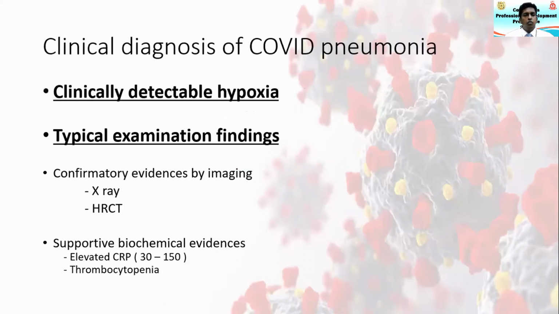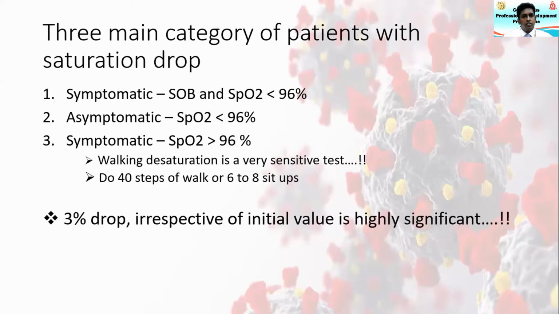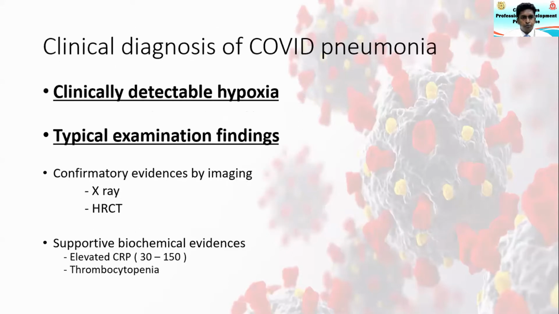So how do you make the clinical diagnosis in a resource poor setting? There are two things needed to diagnose a pneumonia clinically. One is clinically detectable hypoxia, which is what I discussed in the previous slide. Either the patient is symptomatic or asymptomatic with low saturation, or a symptomatic patient with exertional desaturation.